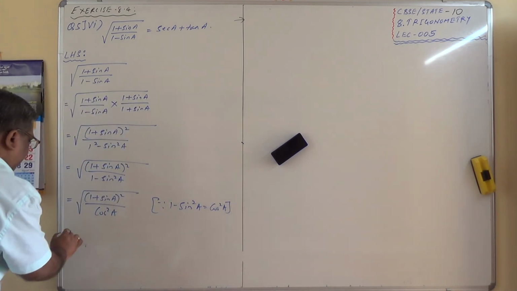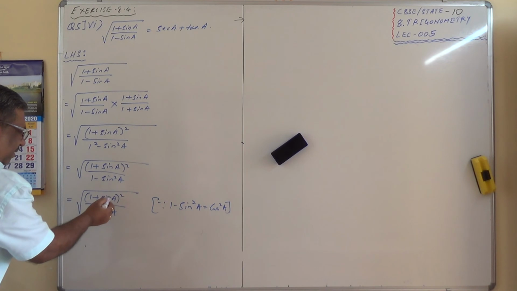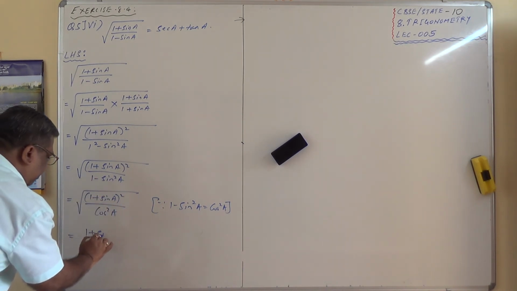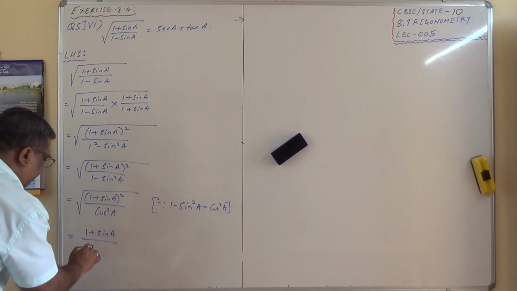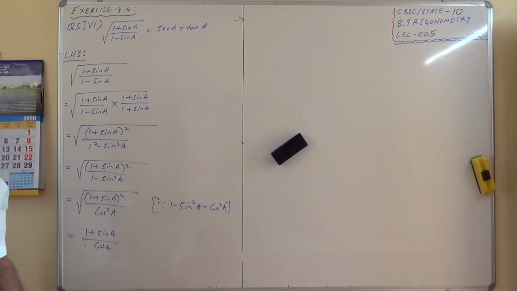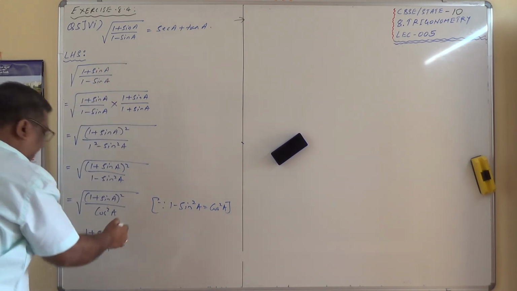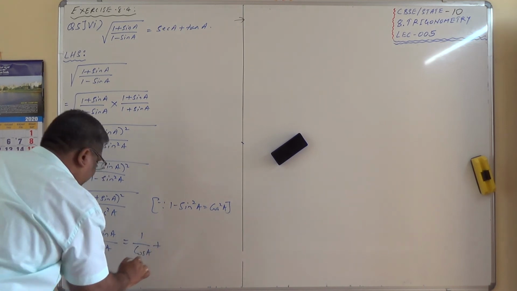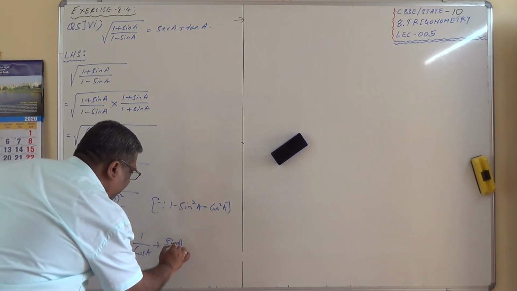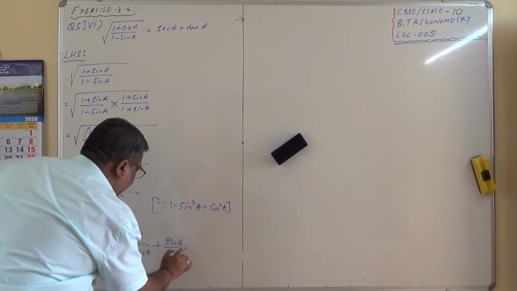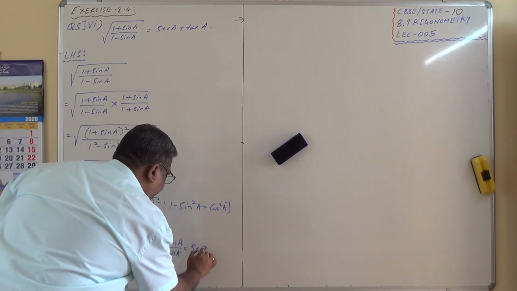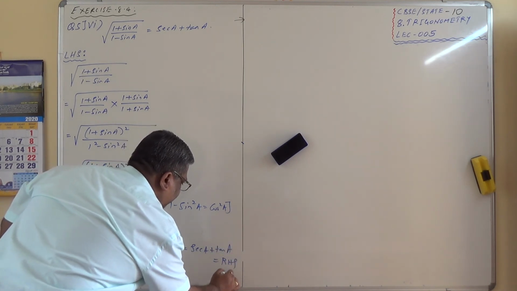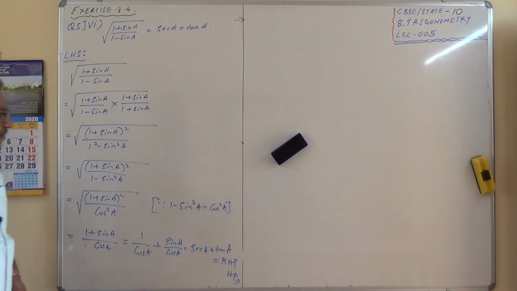Cos square A, and therefore, since these are both squares inside the root, they will come out, which is 1 plus sin A divided by cos A. We need to prove secant A plus tan A, which is equal to 1 divided by cos A plus sin A by cos A, which equals sec A plus tan A, which equals RHS. Hence proved. Make a note of this.